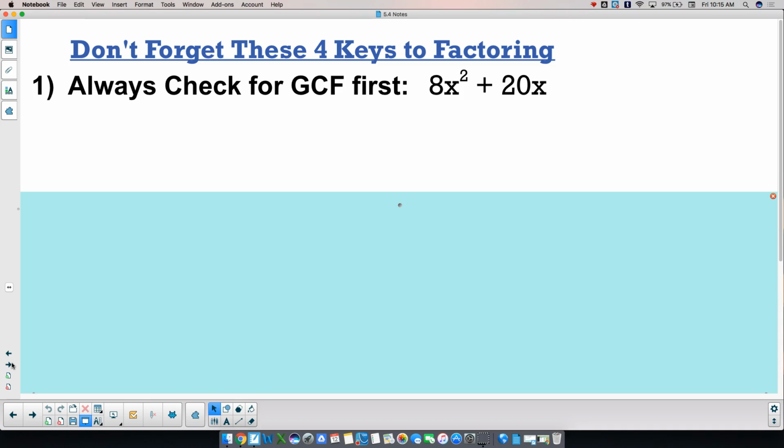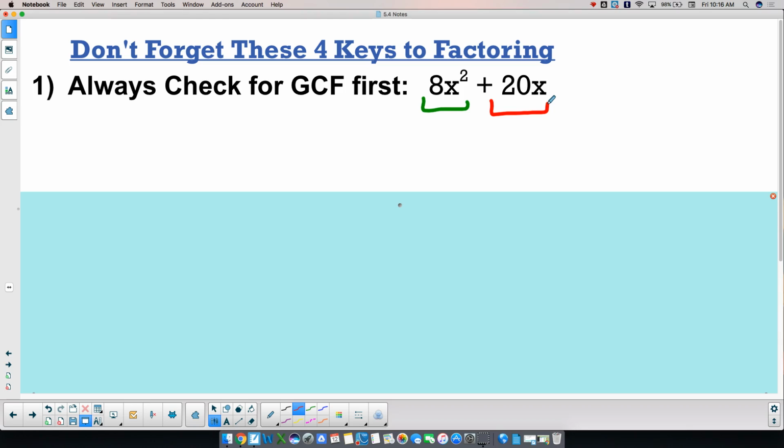The first step, the first list item is you need to check for a GCF. Anybody know what GCF stands for? Greatest common factor. Okay? So you need to look at each individual term. So 8x squared here is a term. And 20x is a term.